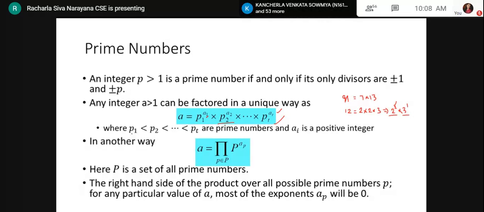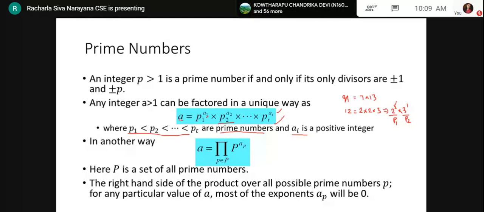Here p1, p2, p3 and so on are prime numbers, with p1 less than p2, p2 less than p3, and so on. In this way we can write any integer using prime factors, and each ai is a positive integer.